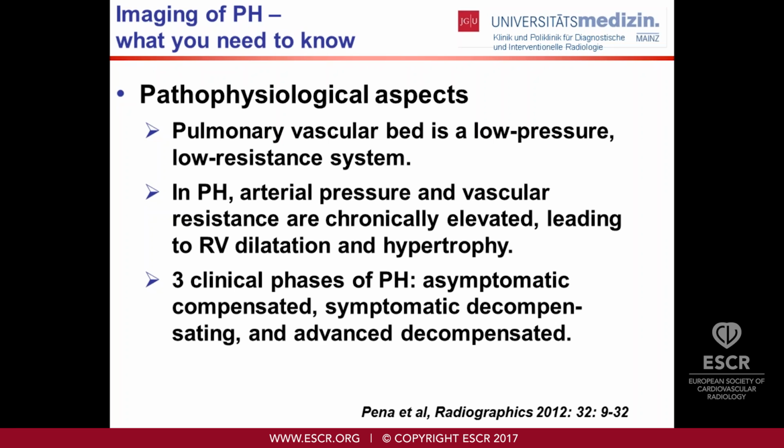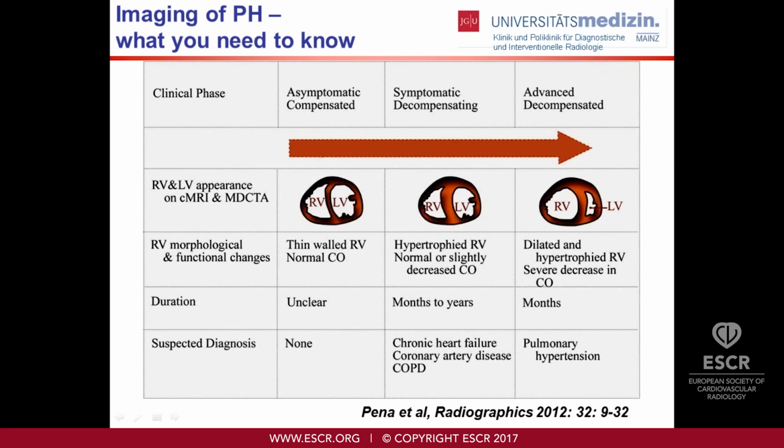Clinically, we can discriminate three phases of pulmonary hypertension: an asymptomatic period where the increase in pressure and resistance are compensated, then the symptomatic decompensation, and finally the advanced decompensated clinical phase.